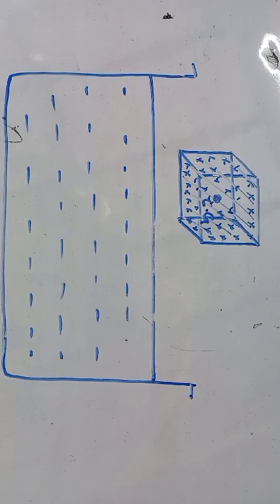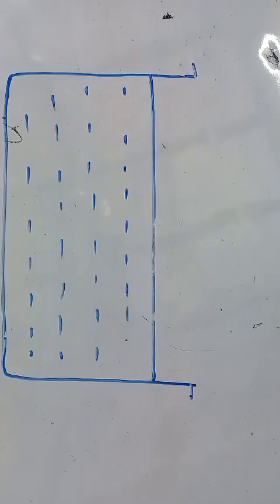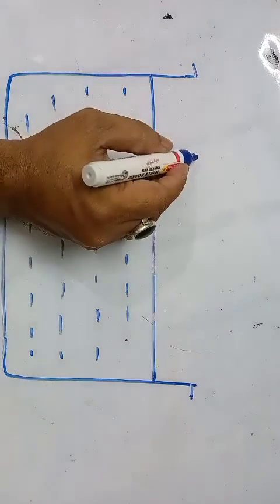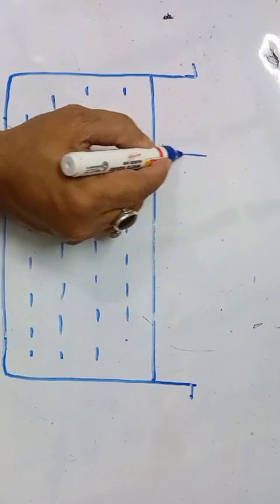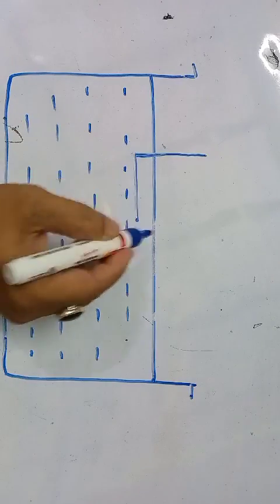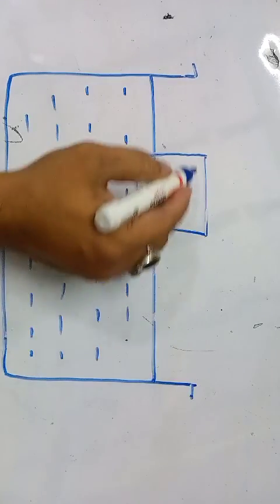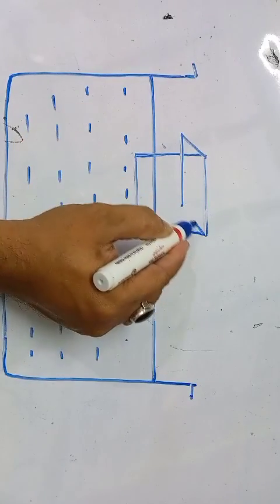Now let me introduce the term center of buoyancy also. Let us say that we have the same body. Let me just draw that body again, but this time with a small difference.